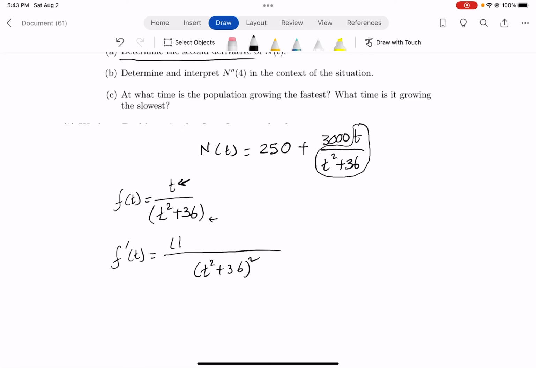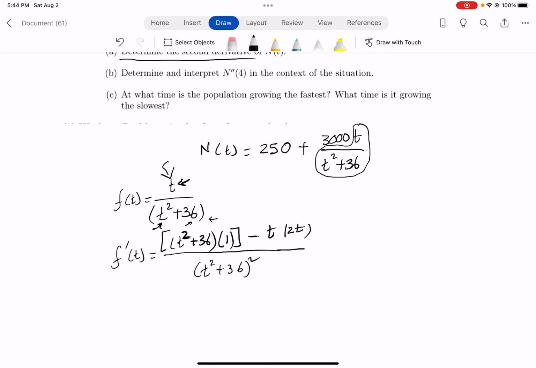The derivative of t is 1. That's the first term. And then minus the top times the derivative of the bottom. The derivative of this one is 2t. Derivative of 36 is 0.